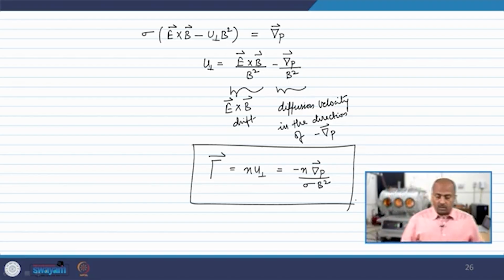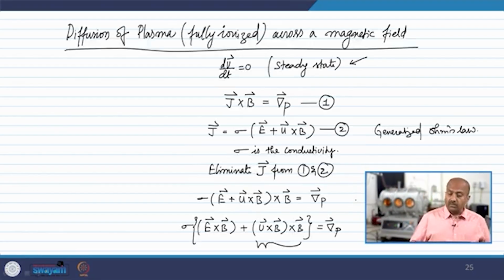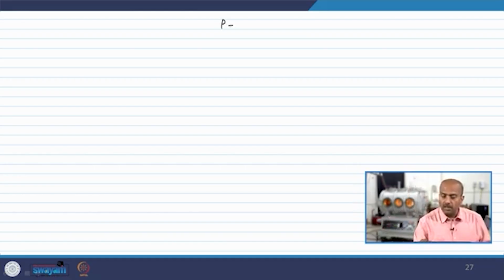Now, so far we have not differentiated between the electrons and ions. That means we had actually considered a single fluid, fully ionized plasma. But now, if you consider a two fluid plasma, then the pressure P should be equal to the pressure of electrons plus pressure of ions, which equals n kB (Te plus Ti), right.